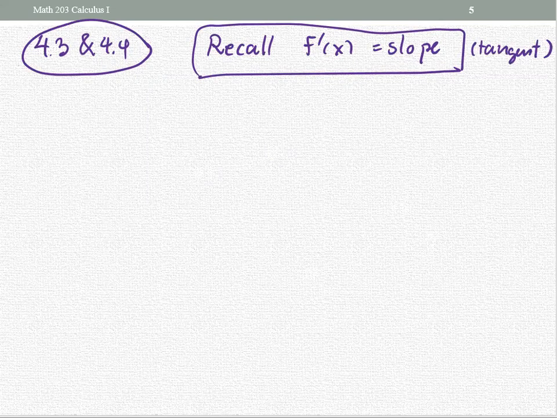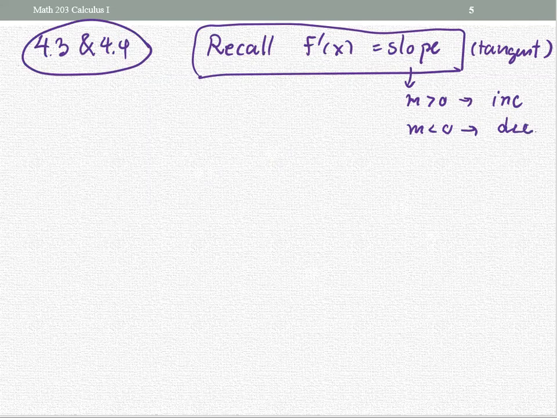Now, to identify whether the function is increasing or decreasing: if the slope is positive, or m is positive, the graph is increasing. If m is negative, the graph is decreasing. I'm sure you are familiar with this concept.